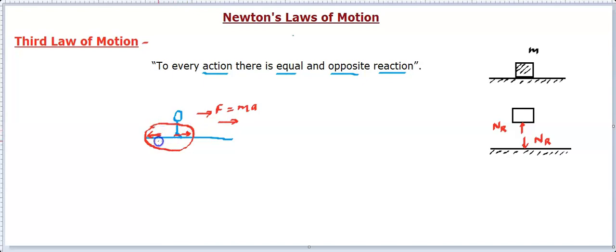Now if this surface is good enough, and if you are unable to give this action to the earth, then the earth will not give you the reaction, and hence you will not be able to walk. So for your walking, you must be able to give this action, and then the reaction must come in, right? If you want to run faster, you need to give a stronger action.